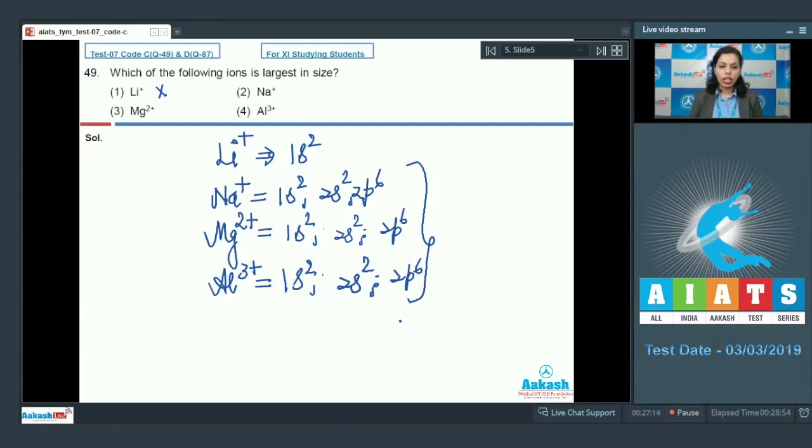Due to the more nuclear charge, the size of its ion is comparatively smaller. If I talk about Mg2+, size is slightly bigger. And if I talk about sodium positive ion, Na positive ion, that has the largest size. So definitely in this case, the answer is this sodium ion, which has the largest ionic size, and on this basis I'll choose this as the correct option.